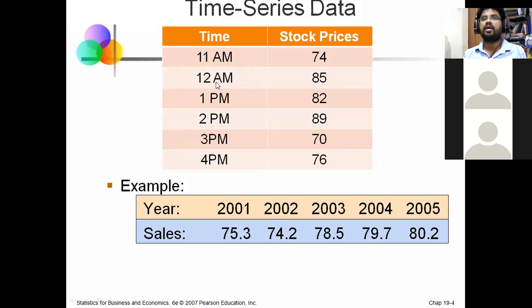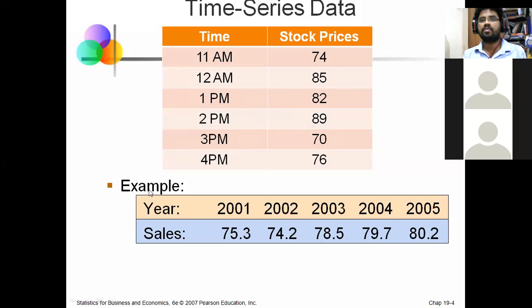And at 12, what is the stock price? And at 1 p.m., what is the stock price? At 2 p.m., what is the stock price? See, when you collect information hour wise, this is the stock price. This is also time series.